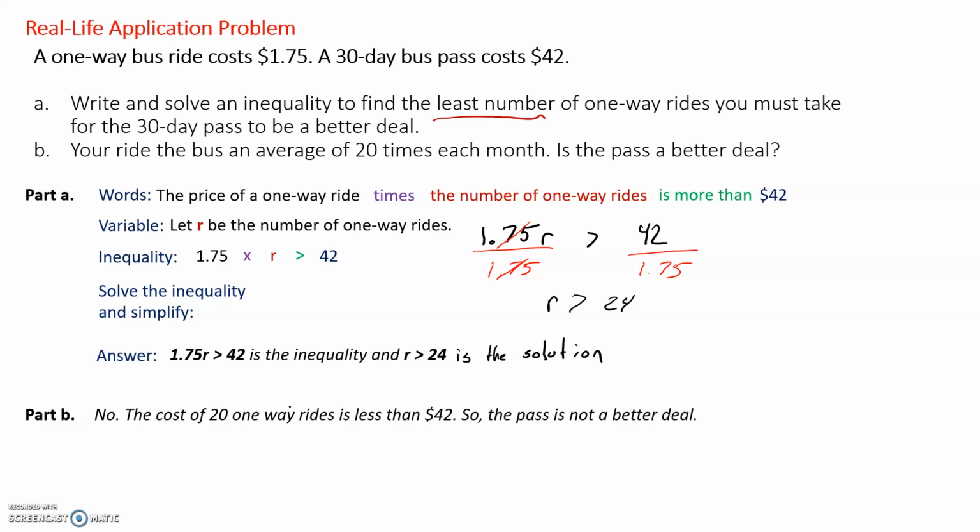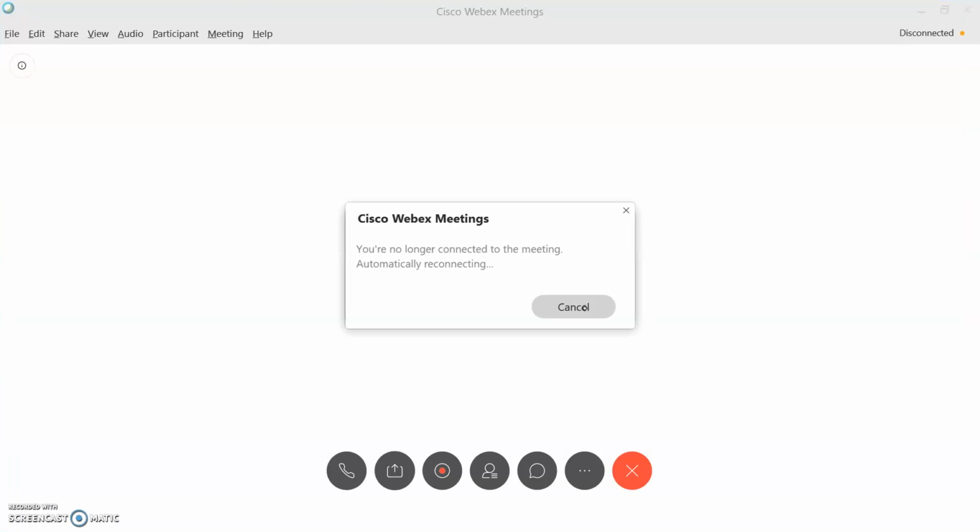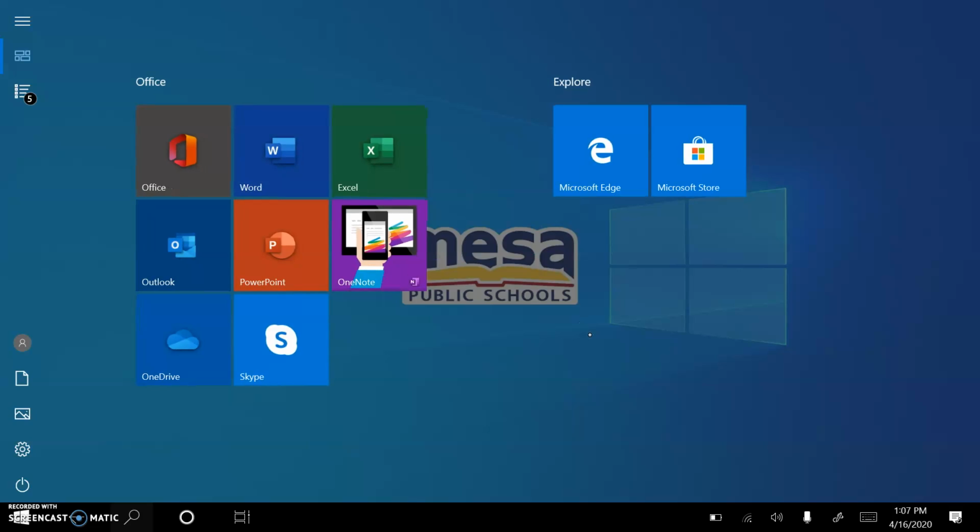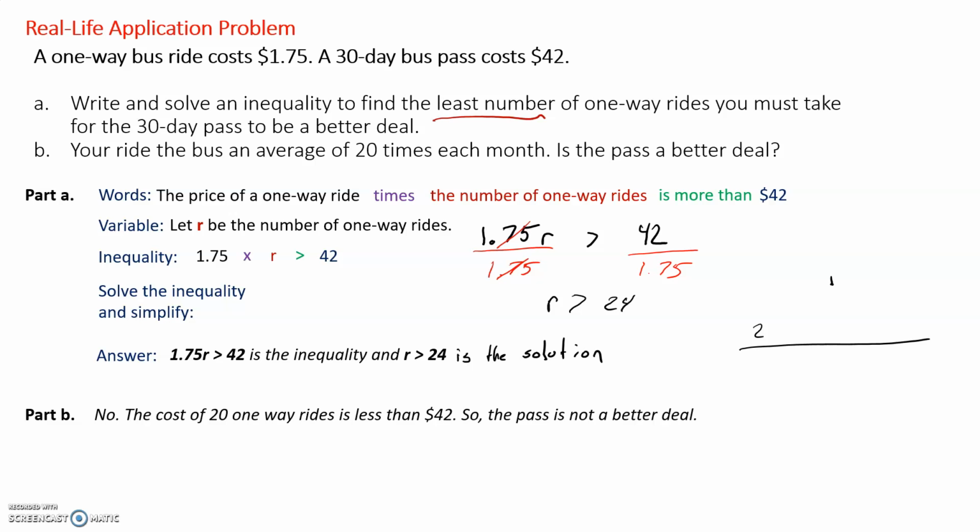If I'm only riding 20 times a month, then paying $1.75 per ride is probably going to be the better deal, because I'm not exceeding 24 rides. Let me show you that with a couple of examples. Let's say I ride 20 times, and let's say 25 times. 25 would be more than 24.